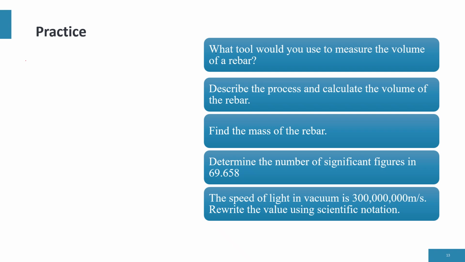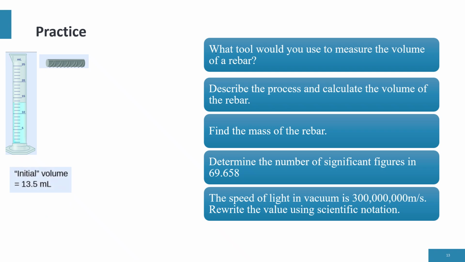Let's go ahead and use the water displacement method. And to do that, we'll go ahead and do what? Measure a certain amount of liquid, place it in a graduated cylinder, and write that down. The initial volume is 13.5 milliliters.